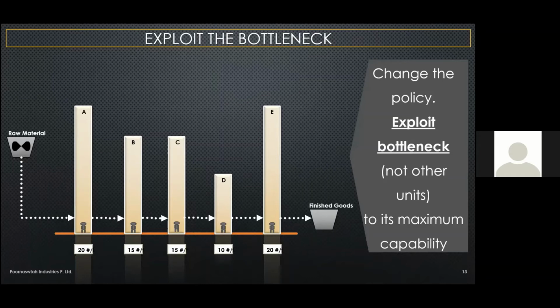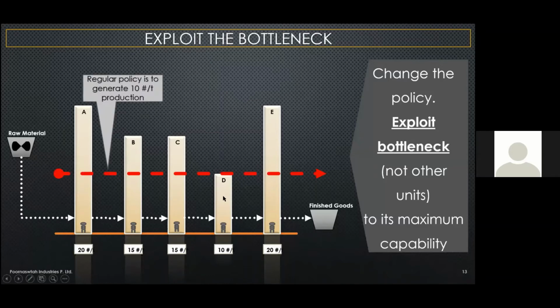We just look at the policies which are driving the organization. If a regular policy is to generate 10 units per time of production through D, what we tell this guy is, hey partner, don't go to your lunch hour along with the other guys. You go when this guy gets free and he takes your position, and the machine keeps running.